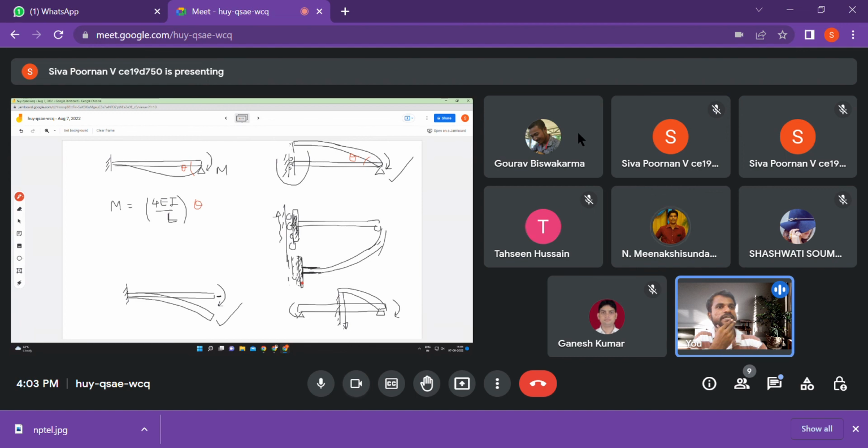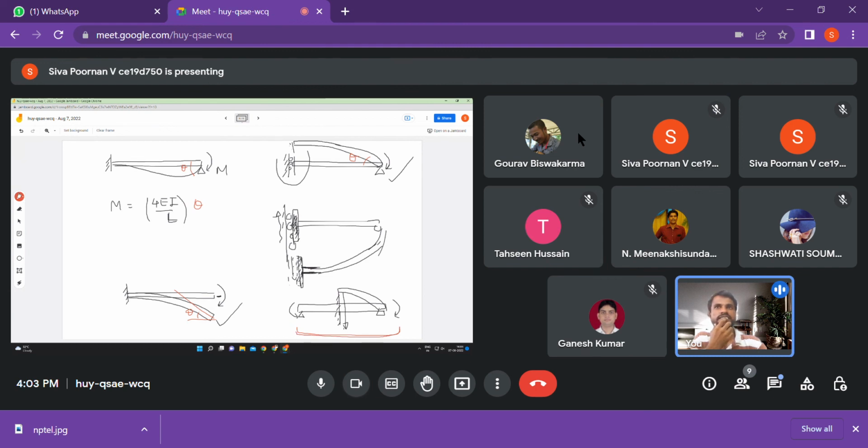This question is the same as asking, for a given moment, what is the rotation in a cantilever. Does someone know theta for a given M? It will be ML by EI. So at least, should it be lesser than simply supported and so on? From this analogy you should be able to answer it.